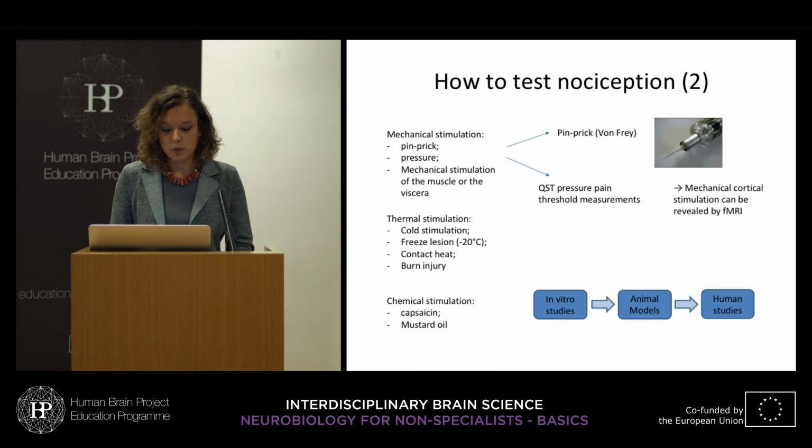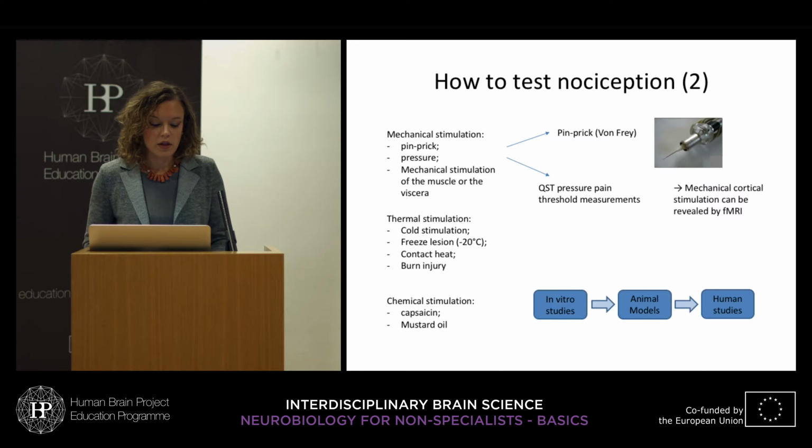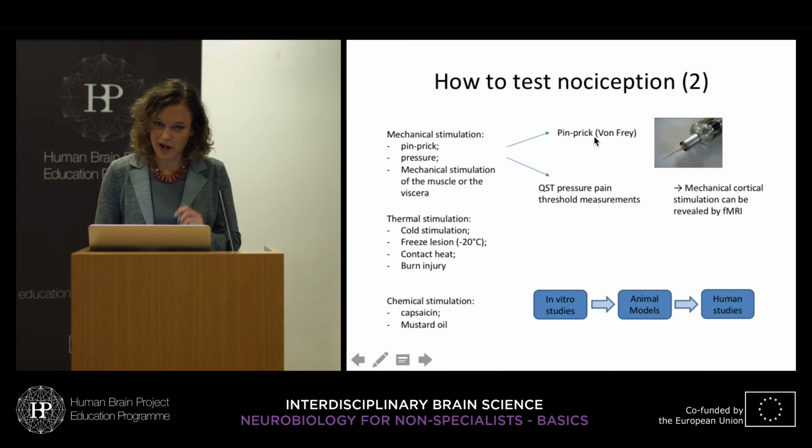As well for humans, we find a variety of tests that are similar to the ones I showed you before. For example, the von Frey is also found in tests that are used for patients. This is the pinprick test, so you have the same kind of mechanical stimulus. Then you can have a pressure stimulus in the QST pressure test, and you can measure this threshold and other types of stimulation.